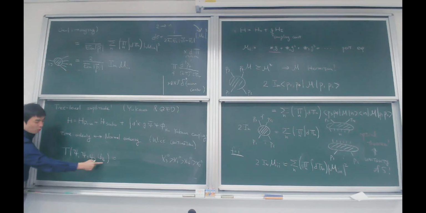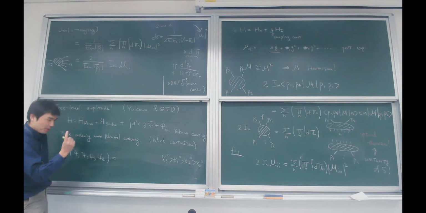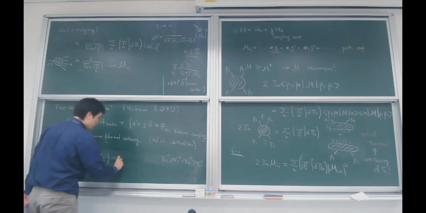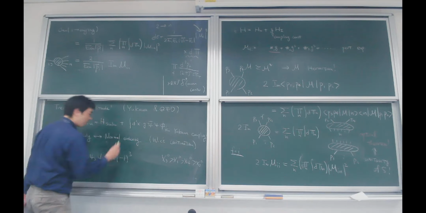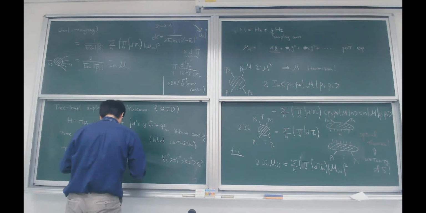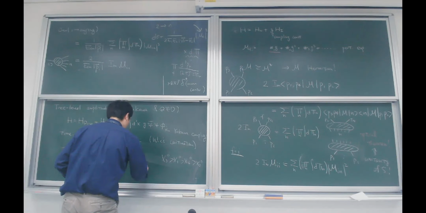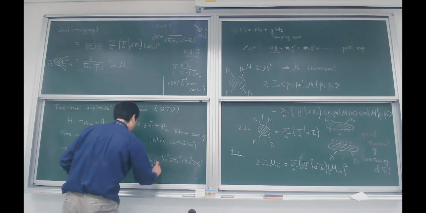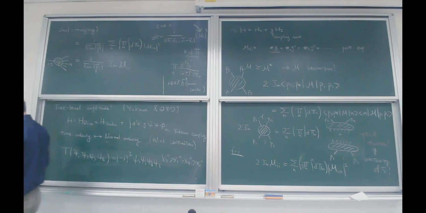Each time you swap fermions, you get a minus sign, so you have minus cubed: psi 3, psi 1, psi 4, psi 2. That's the time ordering of the fermions.